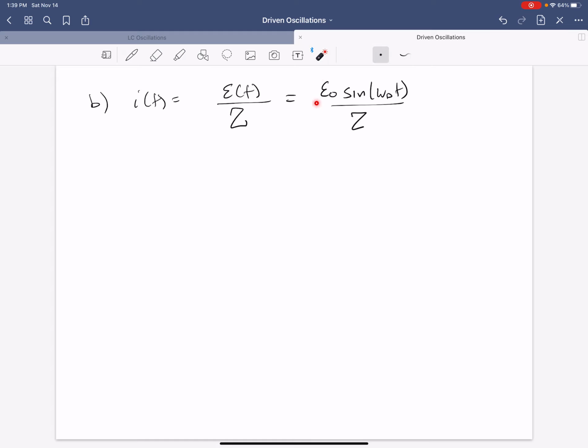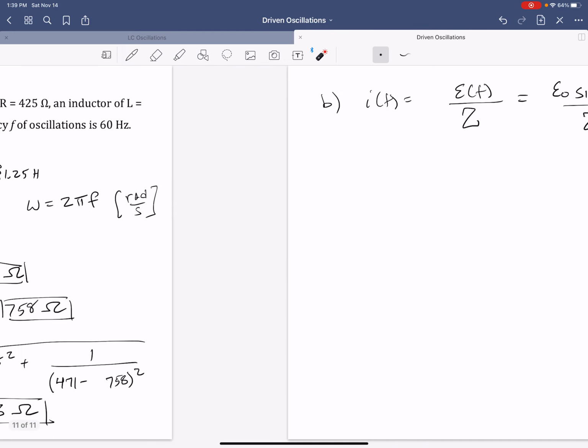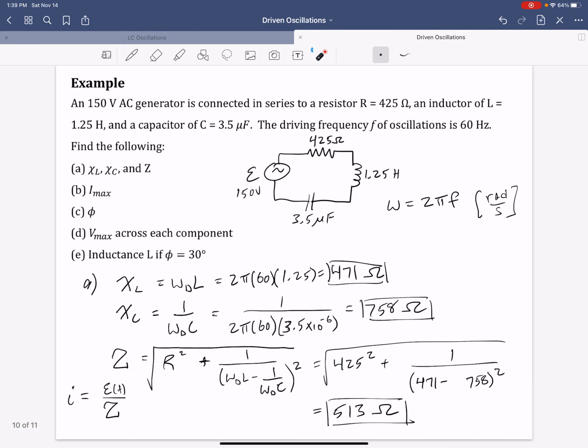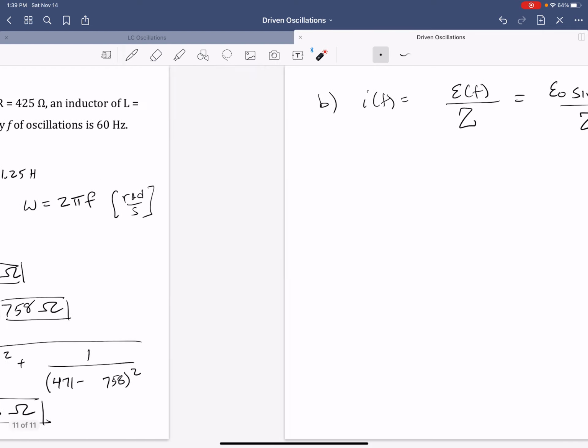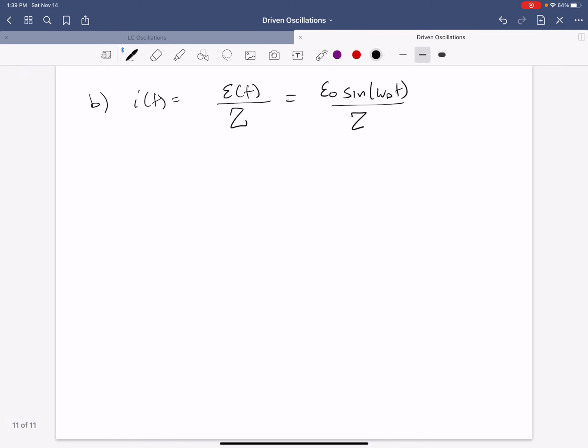In other words, we're just worried about E naught right there, which is the stated voltage of the generator. So in that case, it's 150. For this part, we don't actually need to worry about the sine term.